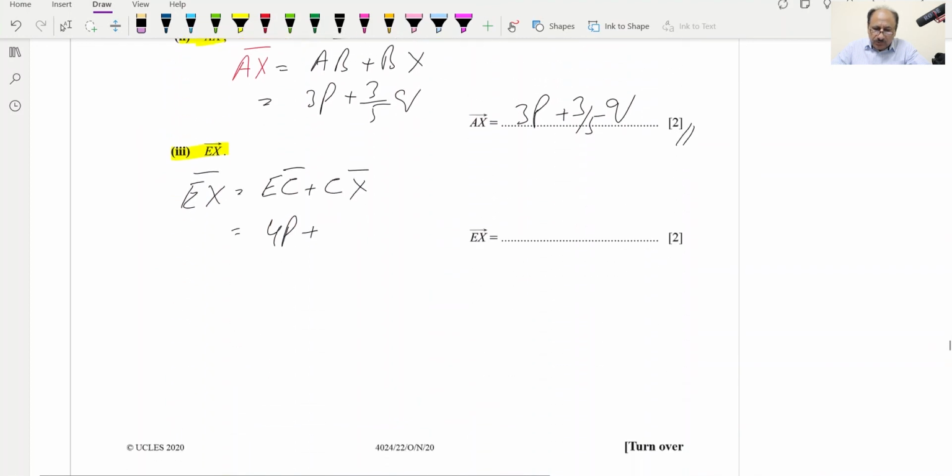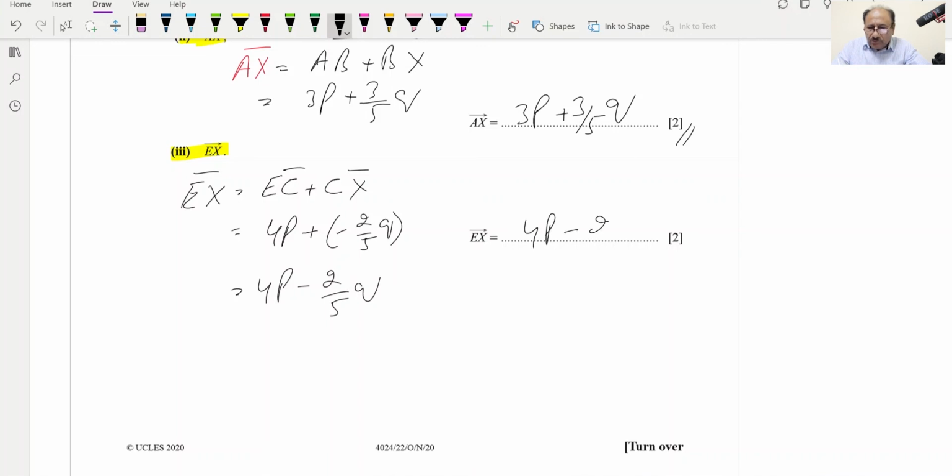So this will be minus 2 by 5Q, and finally we write 4P minus 2 by 5Q. This will be the answer for 2 marks.